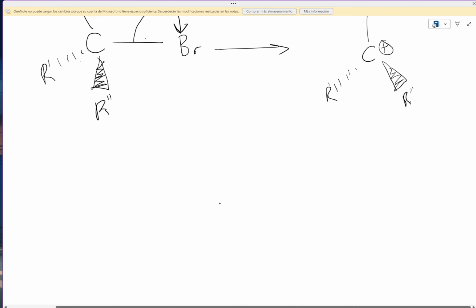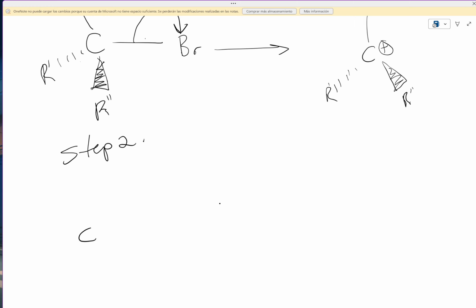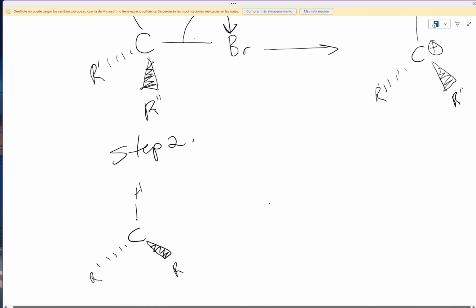If we now look at step 2, we have this intermediate already here, and we're going to have an attack from a nucleophile like our hydroxide ion.